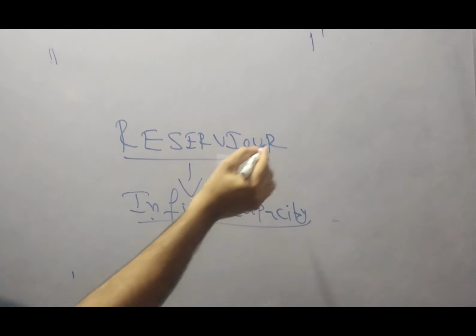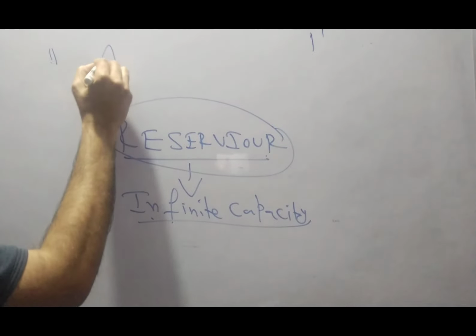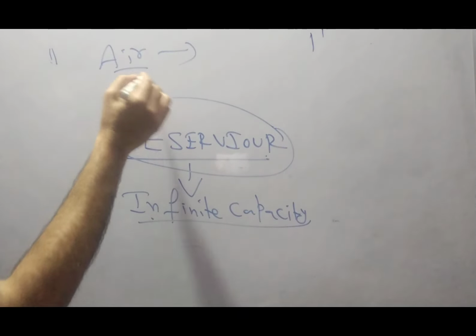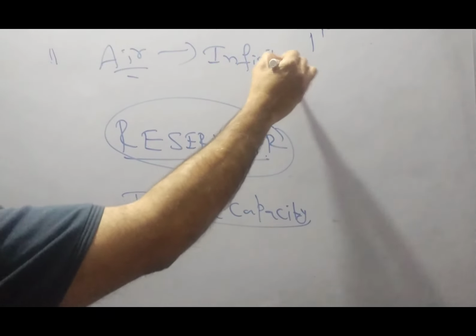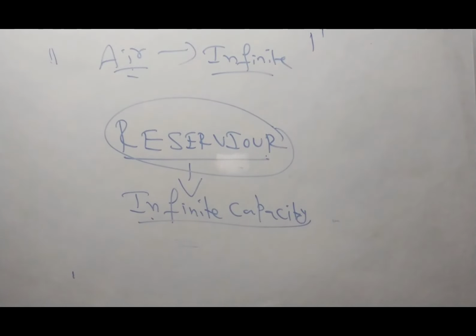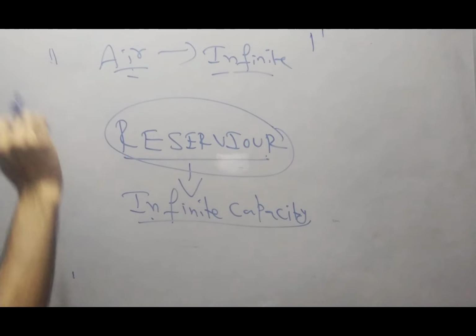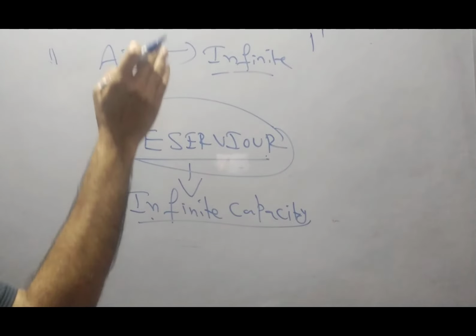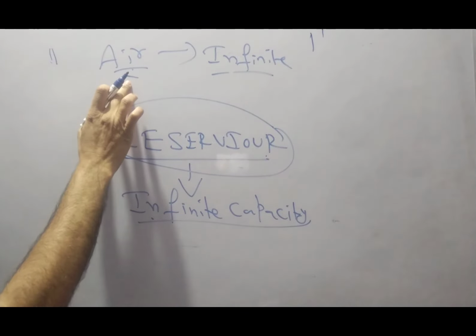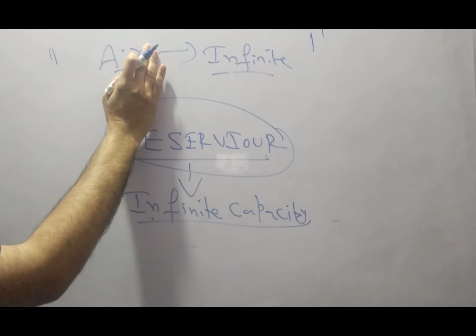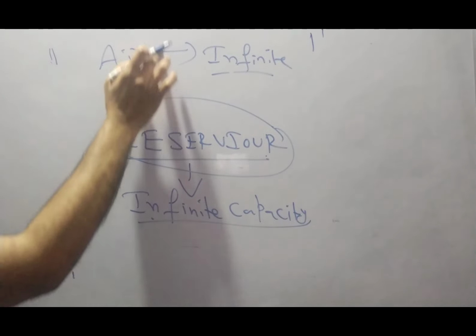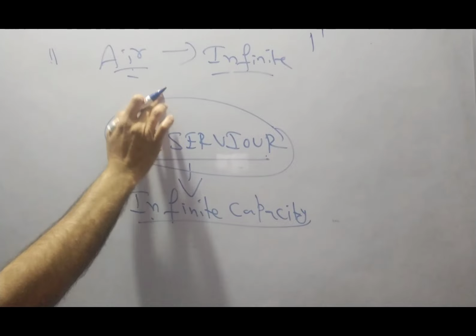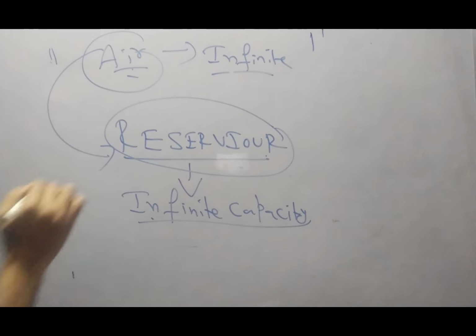Take the air, the atmosphere. It can give infinite oxygen and take infinite CO2. It is not putting any restrictions or limitations, like so much oxygen I will give and only so much CO2 I will take. Such restrictions are not there in air, so we can say that air is a reservoir.